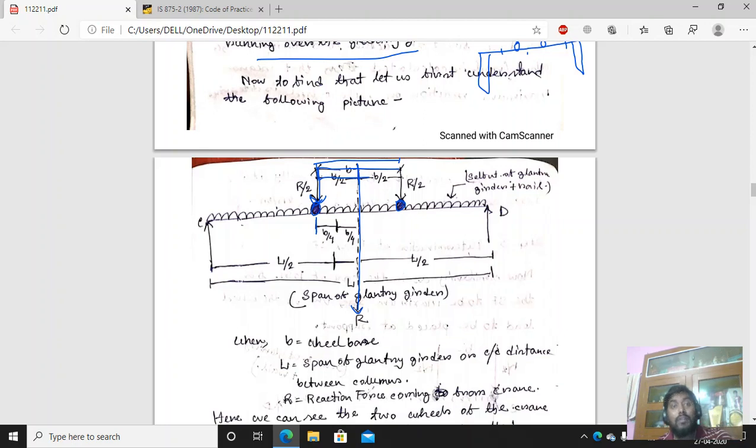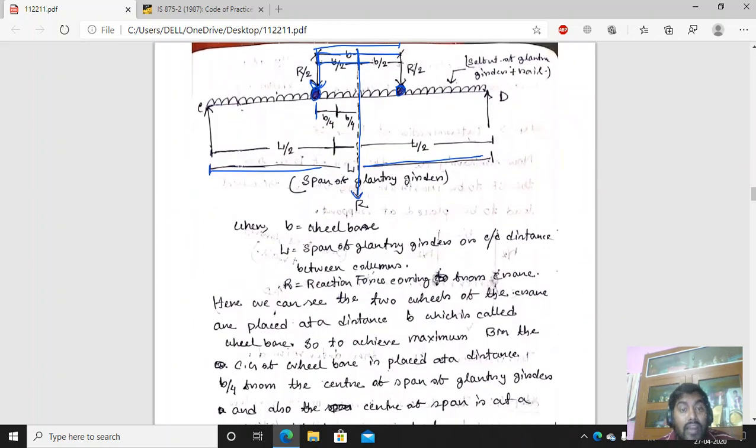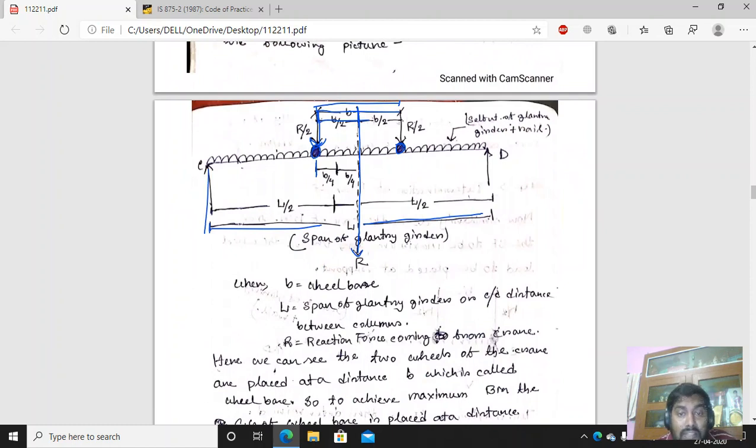Now this distance should be equidistant from the center of the span. Consider this is the span of the Gantry Girder. In the previous picture, when we were calculating the load, this was the span of the crane girder. Now coming to the Gantry Girder, this is one column and this is another column, and the Gantry Girder is placed between them.